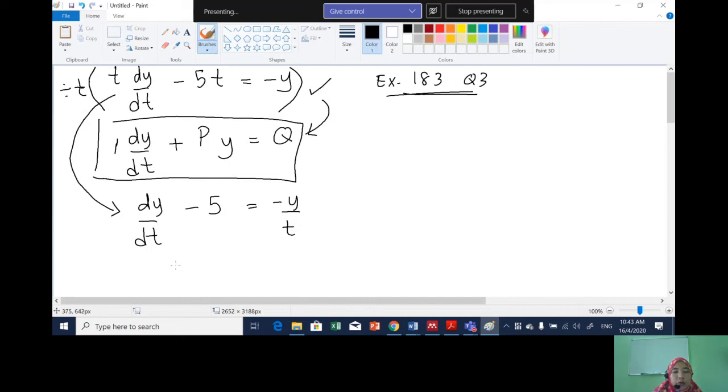Okay, so we can write down here as follows. This one also you have to modify. Negative 5 bring it to the right hand side. Negative y over t must be brought to the left hand side. So we have dy/dt plus 1 over t y equal to 5.